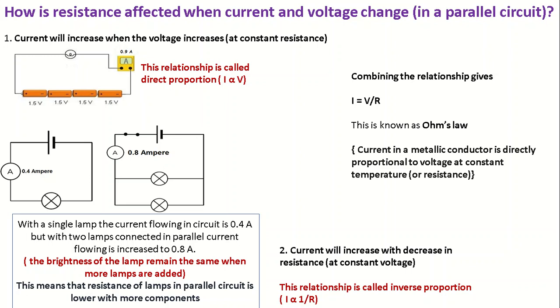This goes a long way to show that with more components in parallel connection, the resistance eventually drops and current increases. So it follows this relationship: the current is inversely proportional to resistance. When we put these two relationships back together, we get what we got before: I equals V over R, which is known as Ohm's law.